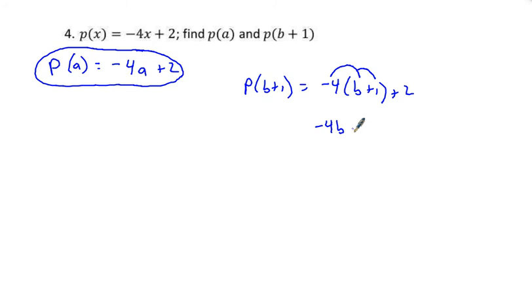Negative 4b minus 4 plus 2. And combine like terms, negative 4b minus 2 would be the simplified expression for p of b plus 1, or p evaluated at b plus 1. This is going to set a foundation for composition of functions later, and how I present that.